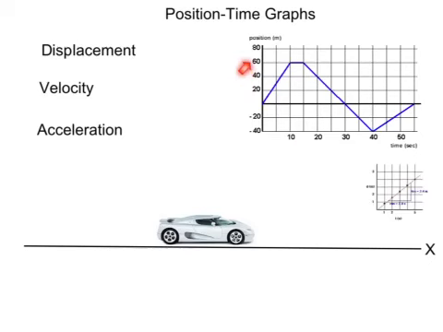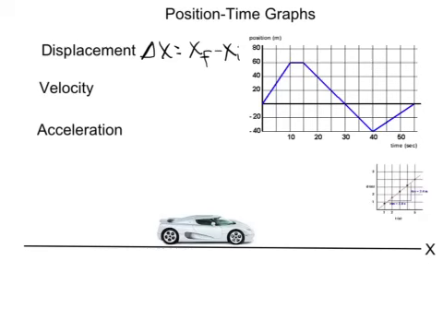It goes to position 60 meters. So if we take this final position after the first 10 seconds minus that initial position of 0, it gets us our displacement. So we get our displacement from the final position minus initial position.